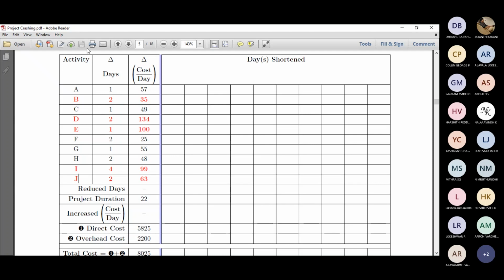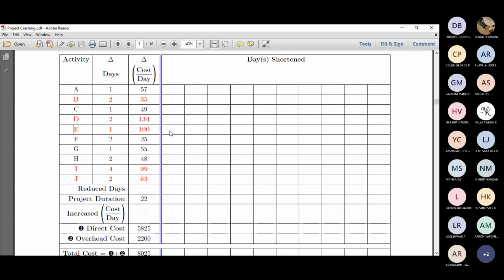Once we draw this table, we will label or isolate the critical paths by differentiating them from the rest. In examination, you don't have to color this, you can put a square around this or something like that. So put a square on all the critical paths in pencil, so that we erase that when the critical path gets over, or when new critical paths occur, right? So this is typically that.